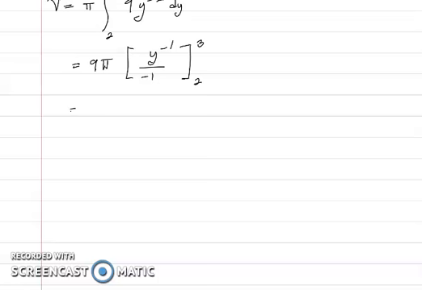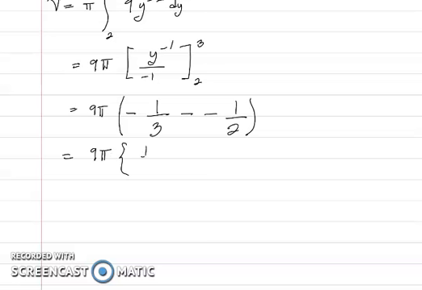So this becomes 9 pi. And over here, I'm going to have minus 1 over 3 minus a minus 1 over 2. So now I'm going to get 9 pi, and this is going to be a half minus 1/3.